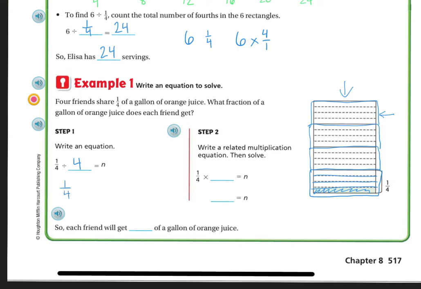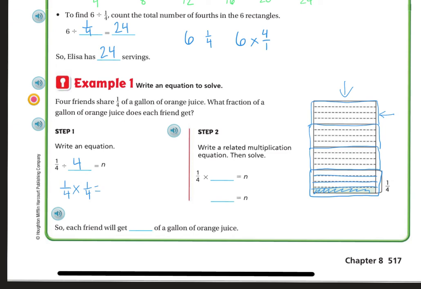And again, looking at the equation, remember what I told you before. Skip the first number. Flip the second number. The second number was 4. If 4 was a fraction, it would be 4 over 1. If I flip it, now it's going to be 1/4. And then instead of dividing, now I multiply.